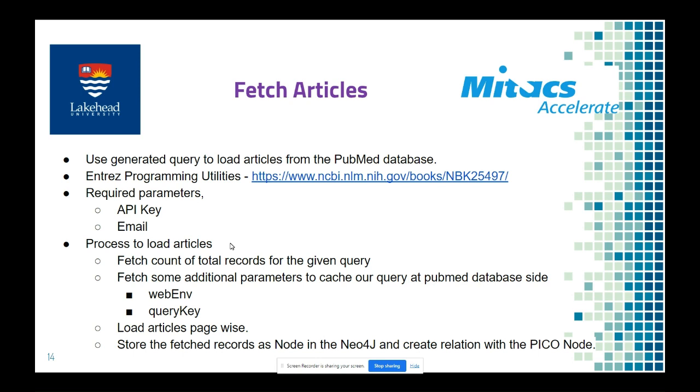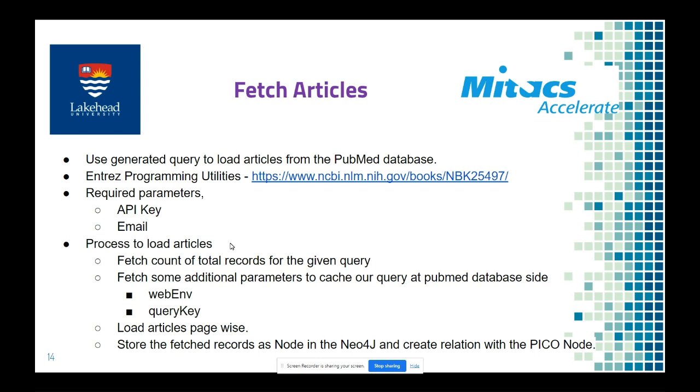To fetch the articles, we have to follow some steps. First, we fetch the total number of records for the given query, and then we use some additional parameters to cache our query at the PubMed database, so that for the next queries PubMed does not need to parse the query and fetch the records every time.